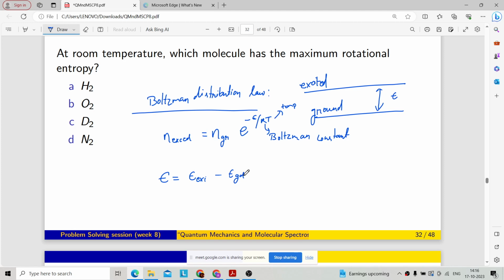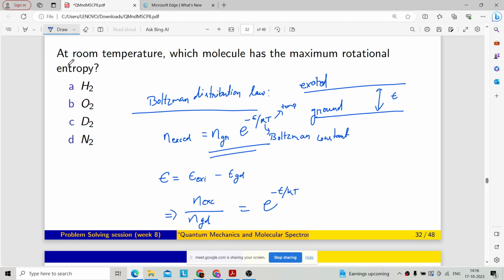So you see from the relation here, if epsilon is very large, what will happen? This factor will be very small. Let me rewrite this: n excited by n ground is equal to e to the power minus epsilon by kT.